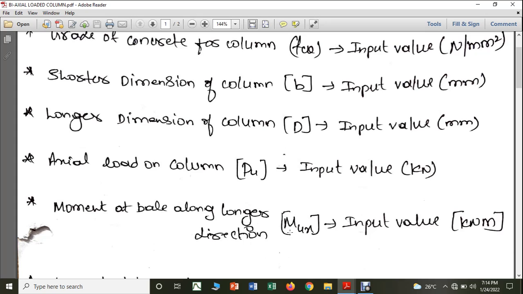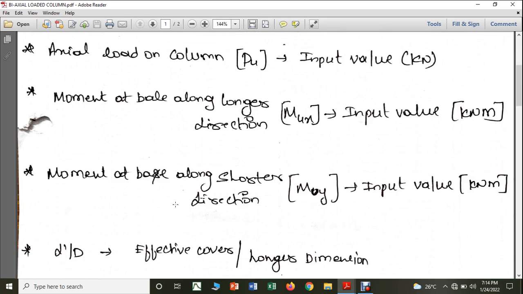So I am going to take the moment along the longer direction as the MUX value that we are going to obtain from the software, which will be in kilonewton meter. Then next you have the moment along the shorter direction. We have taken it as MUY, or it can be taken vice versa also. It is an input value which will be in kilonewton meter.